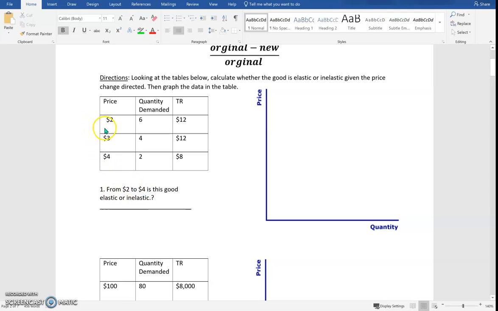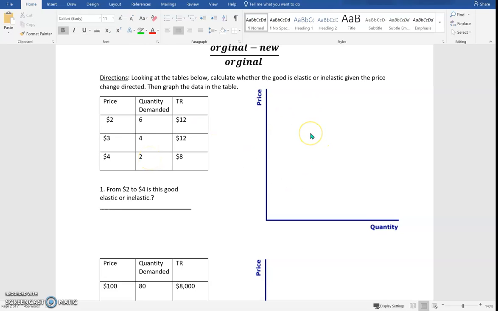Okay? So when you're looking at your examples, what is the original? It's going to be the first price listed. So $2 will be my original price, which means that 6 is going to be my original quantity demanded. Here, I'm going to move into $4. $4 is my new price, and 2 is my new quantity demanded.